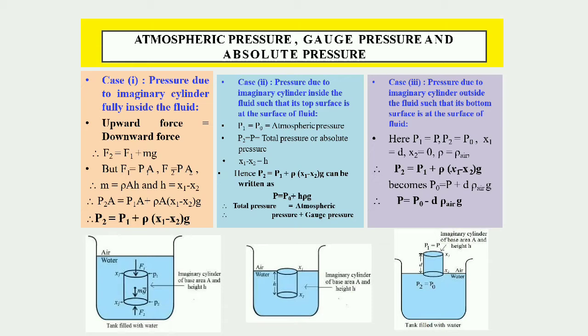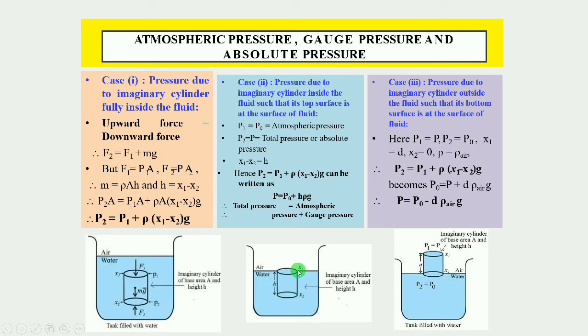Okay. Now in the second case, suppose you want to determine the pressure at depth h below the surface of the liquid. For that we can again consider an imaginary cylinder whose top is at the surface of the liquid and whose bottom is at depth h below the surface of the liquid.